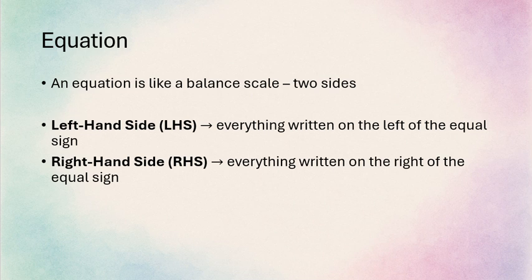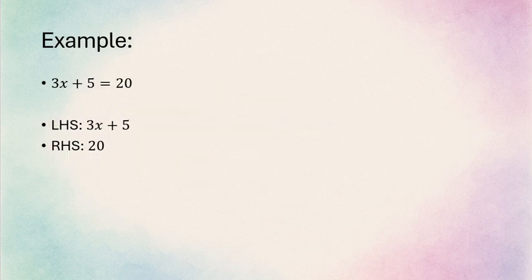Now, we're going to be dealing with equations. You've got to think of an equation like a balance scale, okay? So there's two sides. The two sides are called the left-hand side and the right-hand side, okay? Left-hand side just means everything written on the left of the equal sign, and right-hand side means everything written on the right of the equal sign, okay?